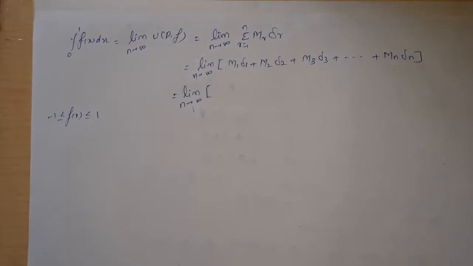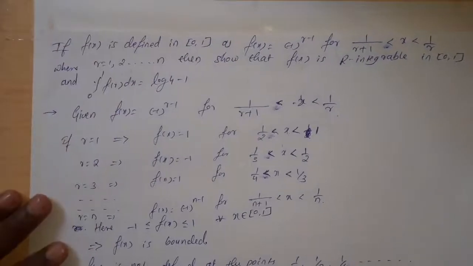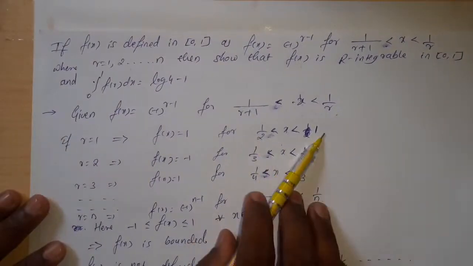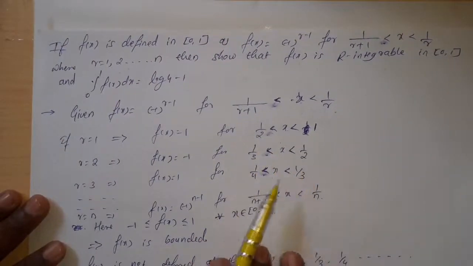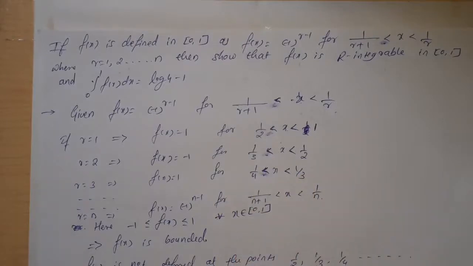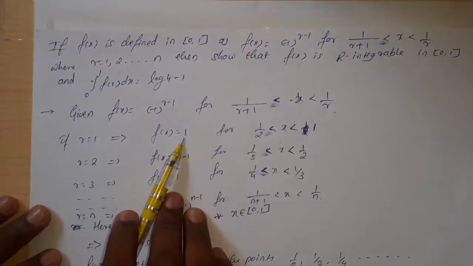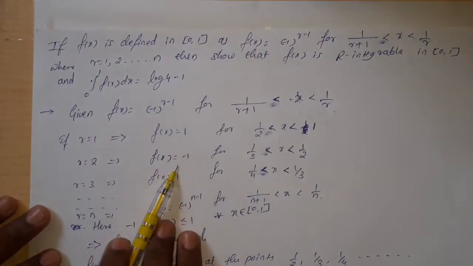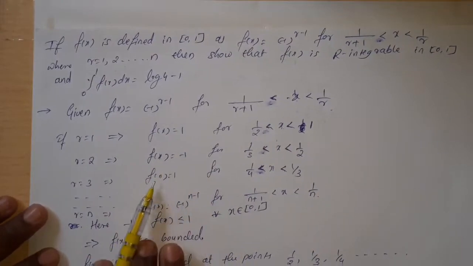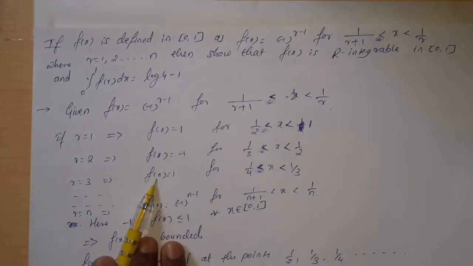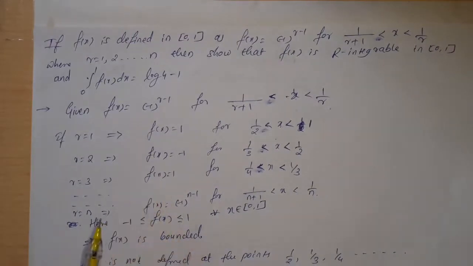For the first subinterval, the subintervals are 1 by 2 to 1, next 1 by 3 to 1 by 2, 1 by 4 to 1 by 3. In the first interval f of x is equal to 1, in the second interval f of x is equal to minus 1, and in the third interval it is plus 1, then minus 1, plus 1, minus 1, alternately.